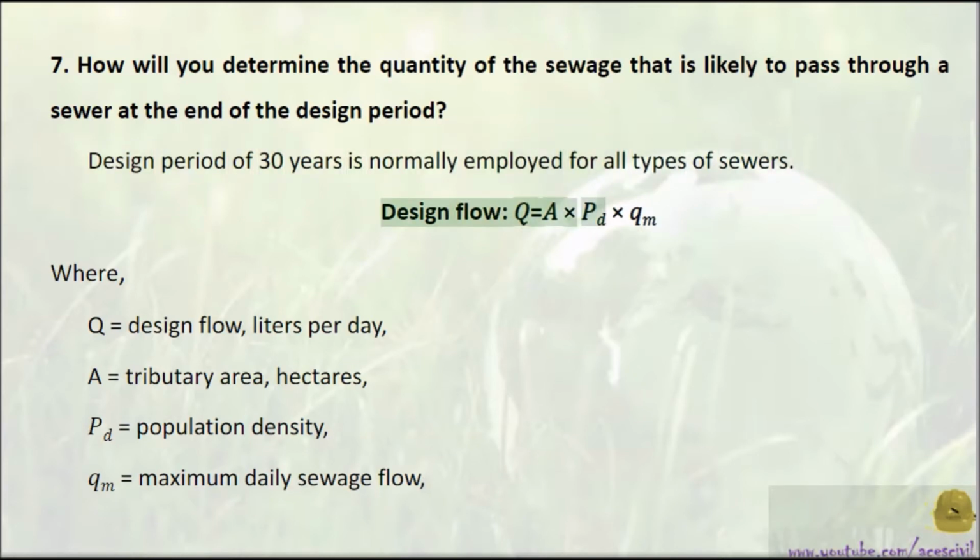Design flow Q equals A times P times q, where Q equals design flow in liters per day, A equals tributary area in hectares, P equals population density, and q equals maximum daily sewage flow.